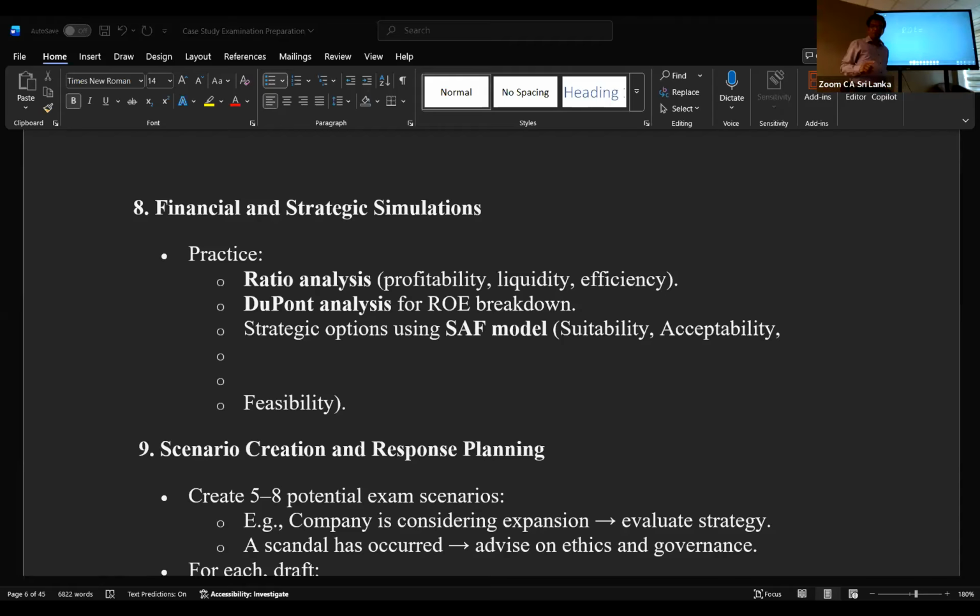This is equity multiplier. This is equity multiplier. This is assets turnover. This is assets efficiency and net profit margin.